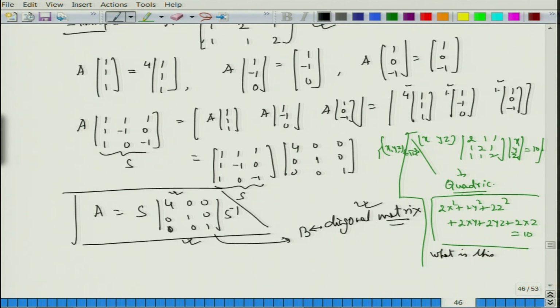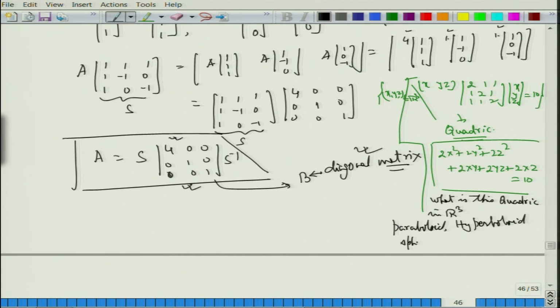What is this quadric in R3? Is it a paraboloid? Is it a hyperboloid? Is it a sphere? Or is it an ellipsoid? That's the question.